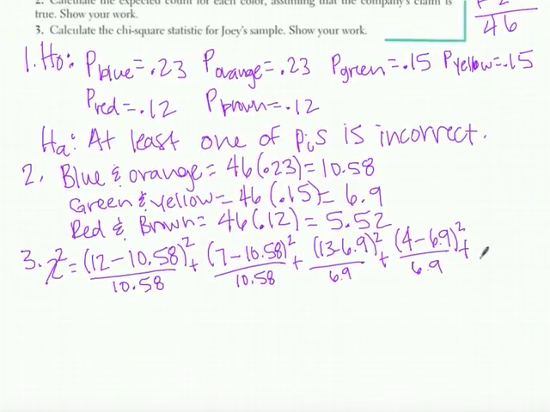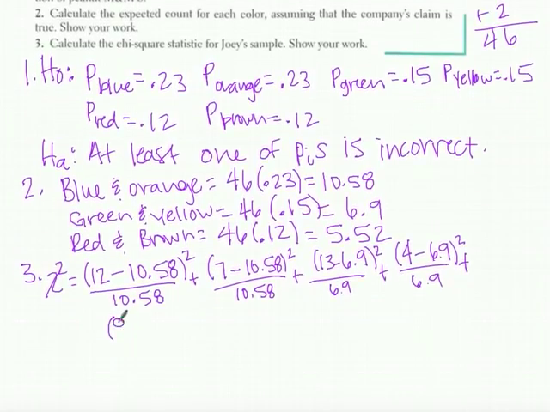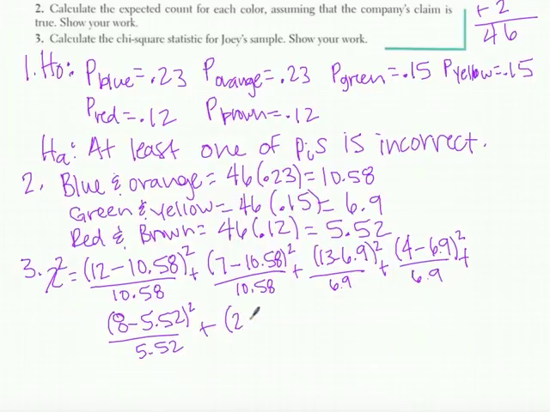Then you need to do the reds. In the bag, there were 8 reds. The expected for red was 5.52. Square that over 5.52. And then last but not least was brown. There were 2 in the bag that were brown, so 2 minus the expected for brown, which is 5.52.